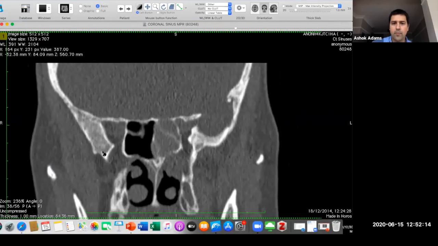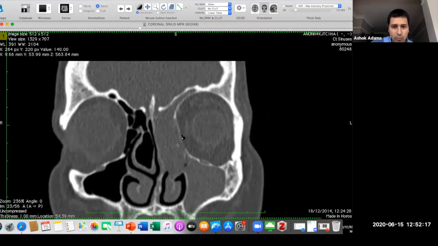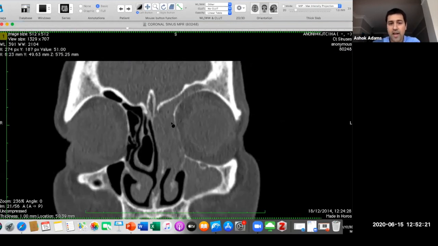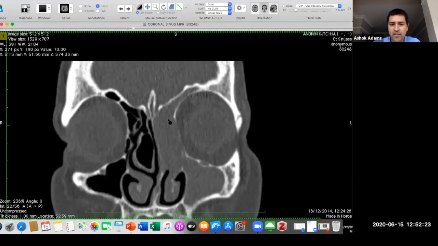In answer to your question, it can be very difficult because you won't see the internal bony septations that you need to work out different anatomical landmarks. Let me pick on this case. When you've got an opacified sinus, this probably shows you beautifully the fact that you can't tell. Particularly when you've got a pansinusitis and this is all opacified, some of these thin bony septa you're going to lose.